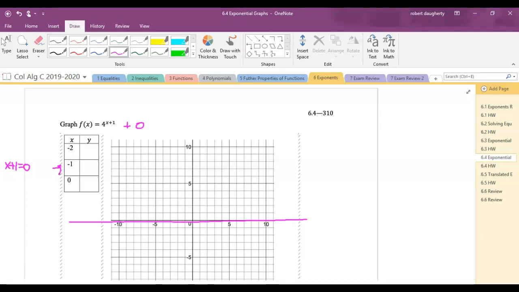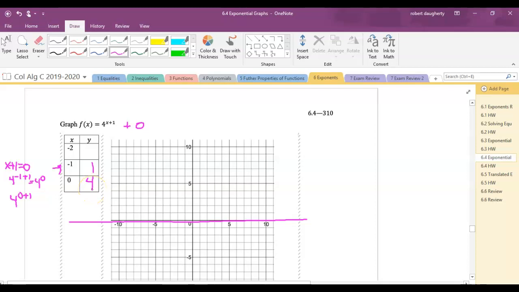So let's look at what is 4 to the negative 1 plus 1? That's 4 to the 0. What's 4 to the 0? 1, okay? And then come here. What is 4 to the 0 plus 1? That's 4 to the 1, which is 4, okay?